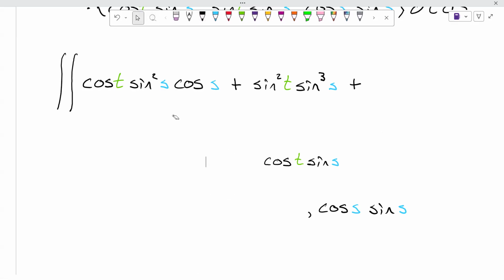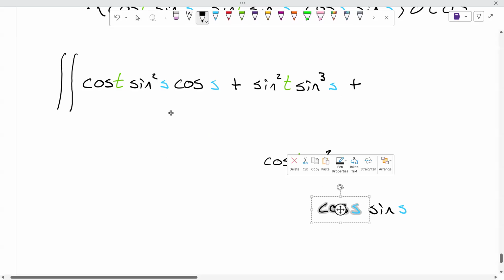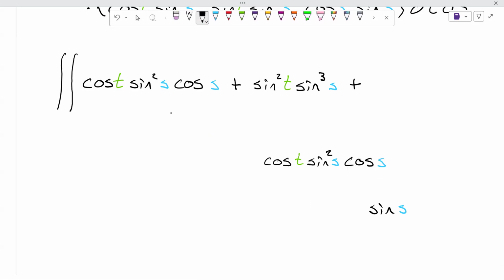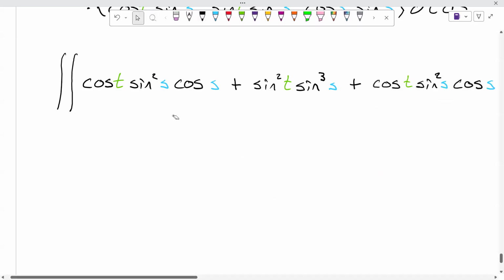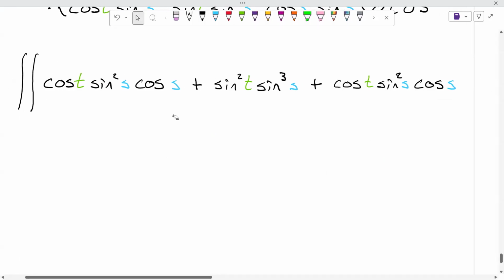We combined them. Then I've got to multiply these parts, cosine t times sine s times cosine s times sine s again. So the two sines multiply together to get sine squared. Brilliant. We got a thing.